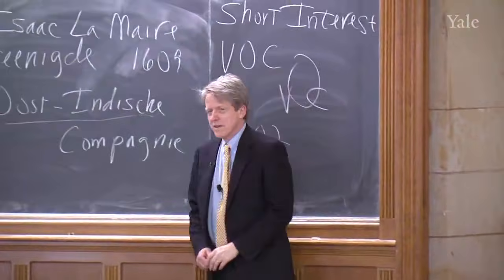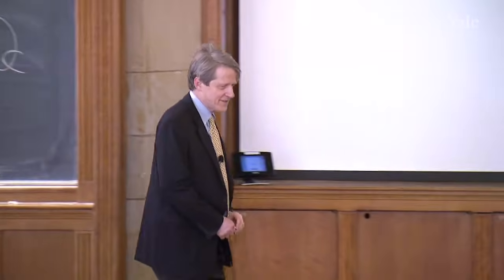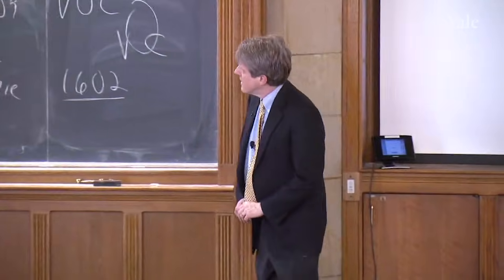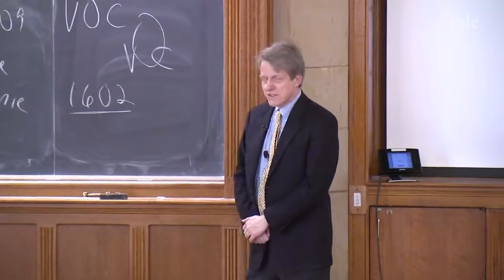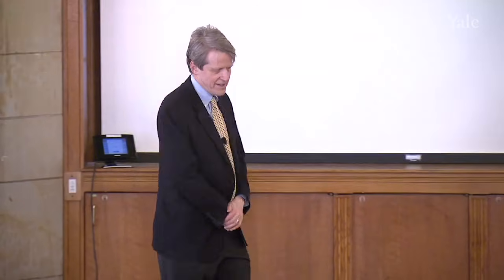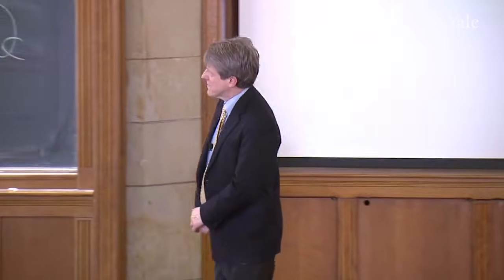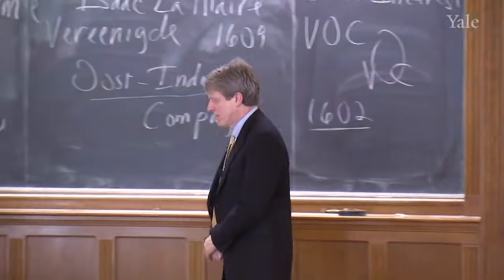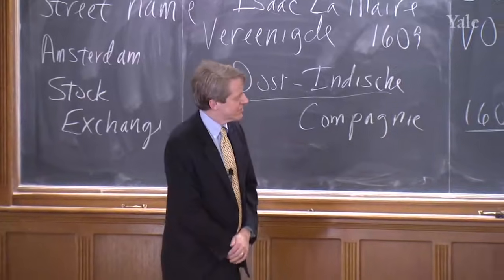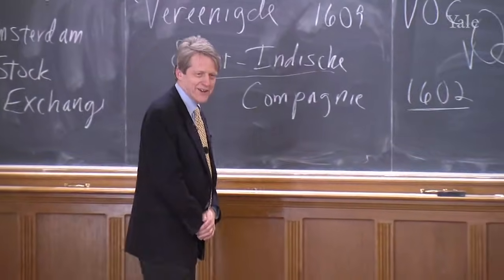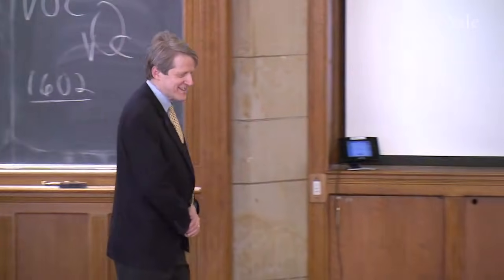He was able to sell more shares than he had, so a broker allowed him to do that. And so he had a short interest in VOC, massive short interest. And people who owned VOC shares started thinking, what's going on here? Someone is borrowing shares from a broker and selling them. And that tends to bring down the price.